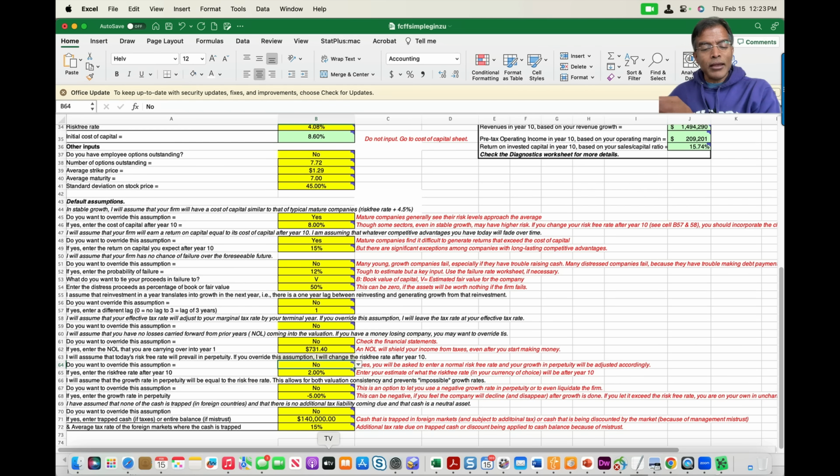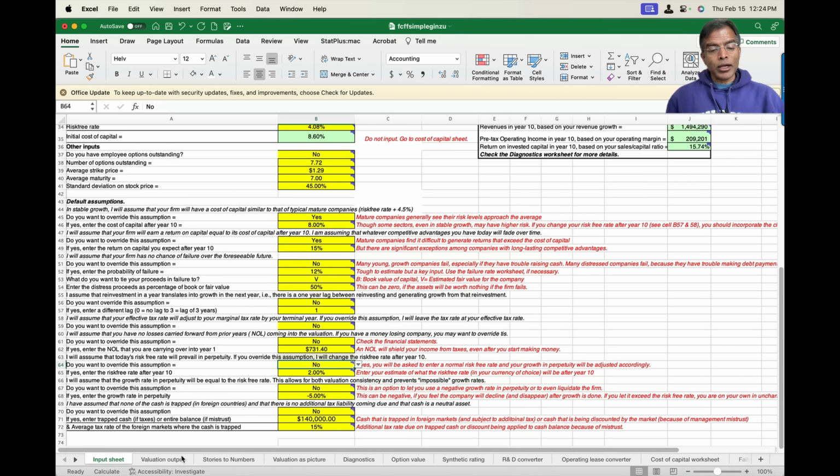So I said, okay, tell me how much trapped cash you have and what the additional taxes you'll have to pay, because I've got to reduce your value by that. I would say you no longer have to do it, but the US tax law was changed in 2017. But if nothing happens, it actually expires in 2026. We could be back to this. So I've left it just in case. That's pretty much it. That's your input page.